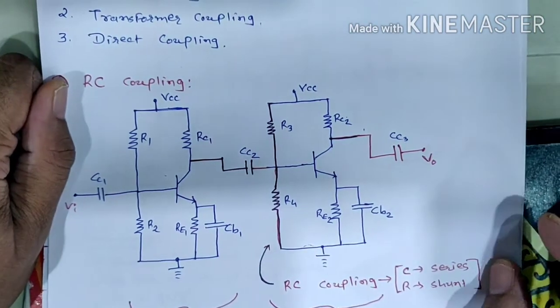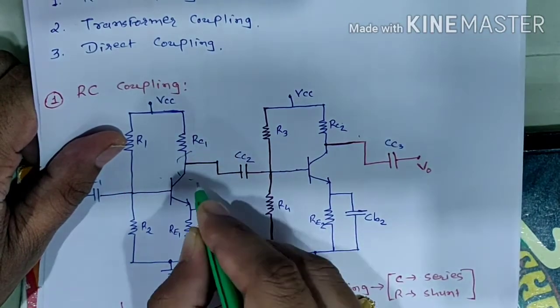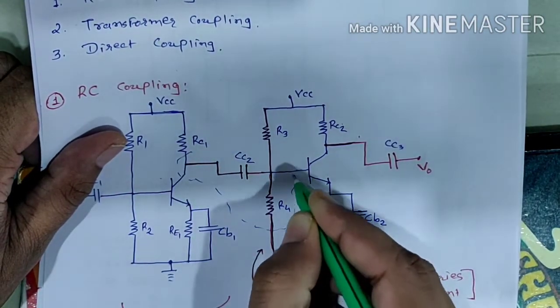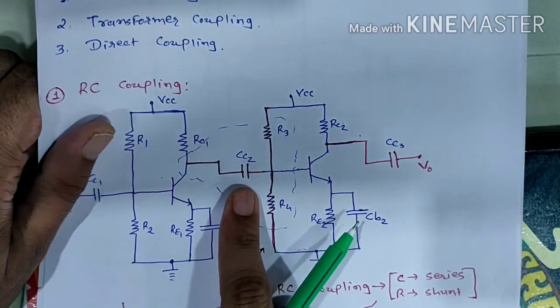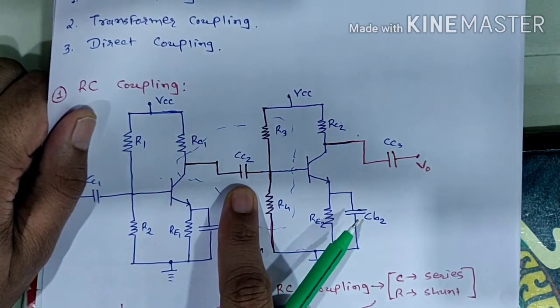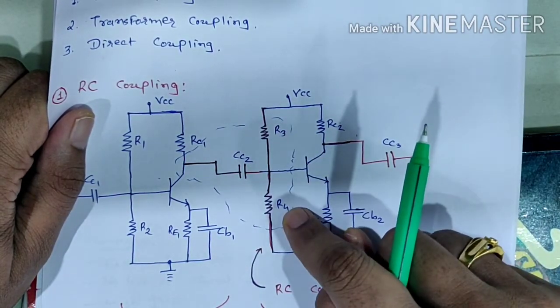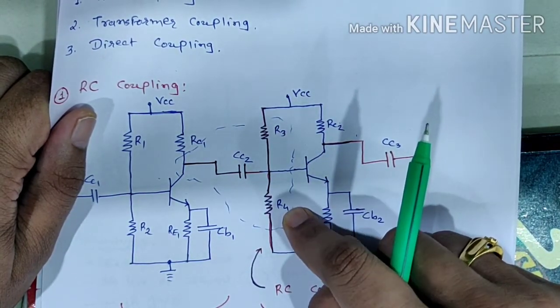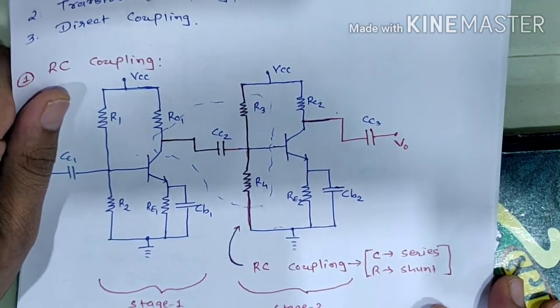Now see here, this portion of the circuit will behave like an RC coupling. This is the capacitor, and here R3 and R4, the resistors of the second stage, will act in the RC coupling.